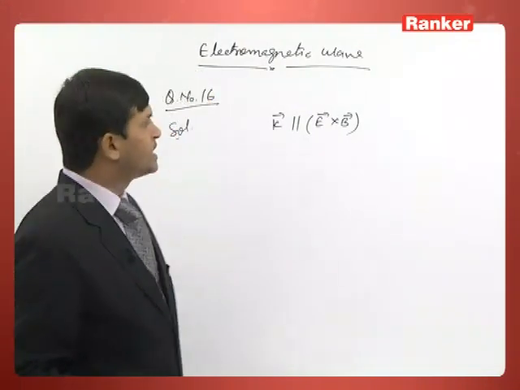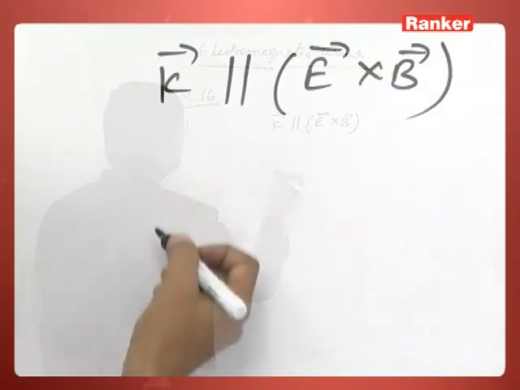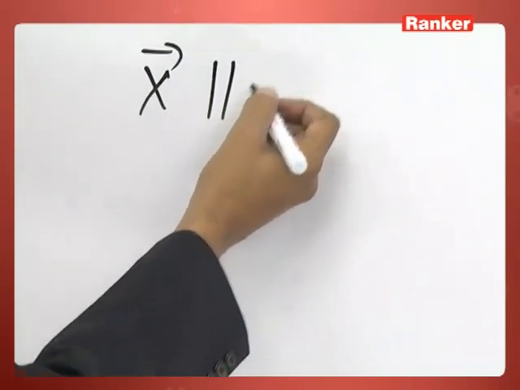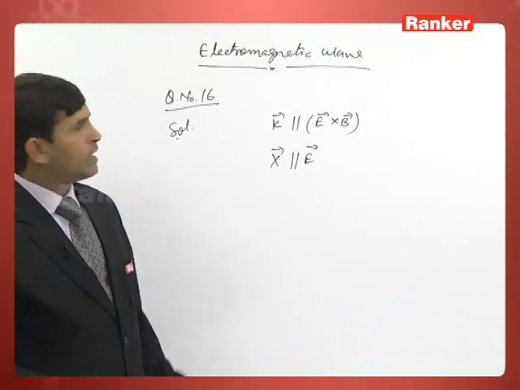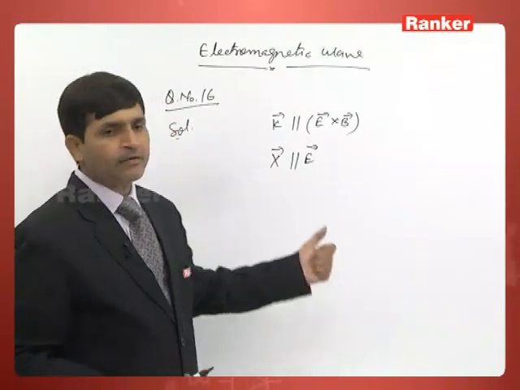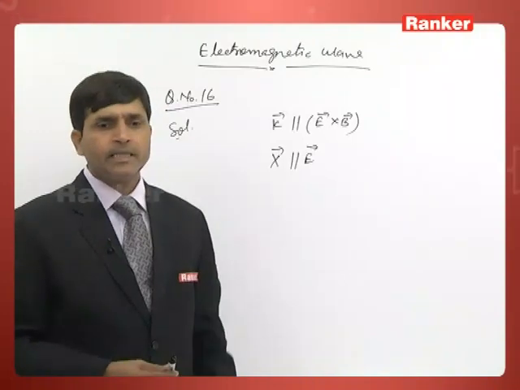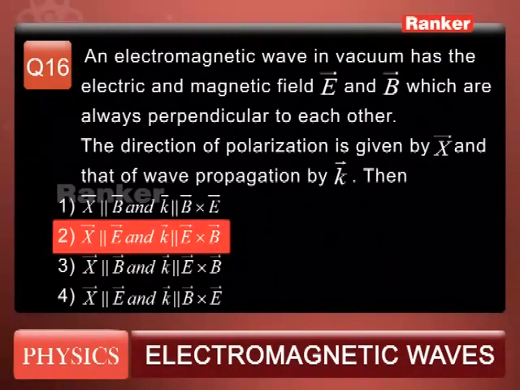So we are polarizing always the electric field vector, so x vector must be parallel to the electric field vector. So our second option, which has x parallel to E and k parallel to E cross B, is the correct option. So option 2 is the correct answer.